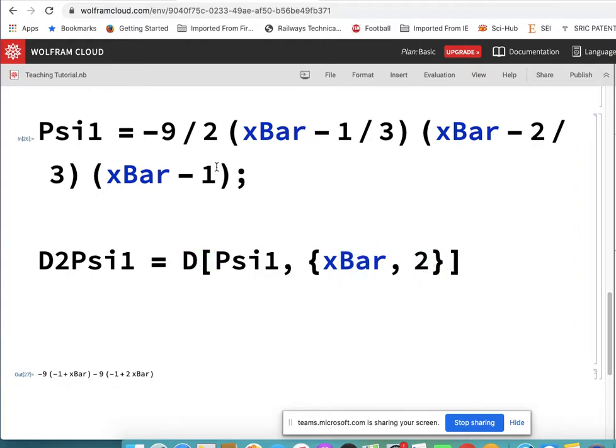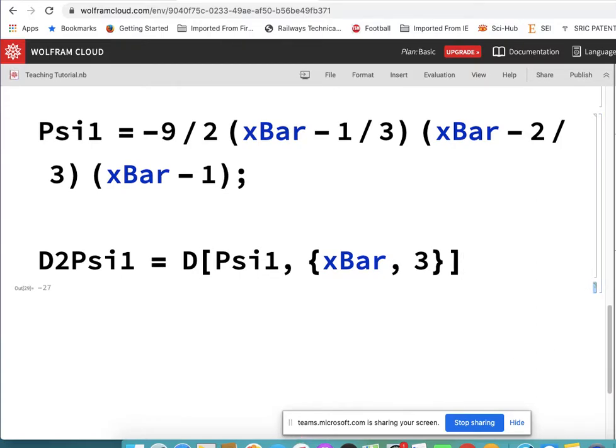Now you can do the differentiation manually. Let's differentiate it 3 times, then the answer is easy. What was the coefficient of x bar cubed to begin with? It was minus 9 by 2, correct? If I differentiate x bar cubed 3 times, I get 3 into 2, which is 6. So 6 into minus 9 by 2 is 27.